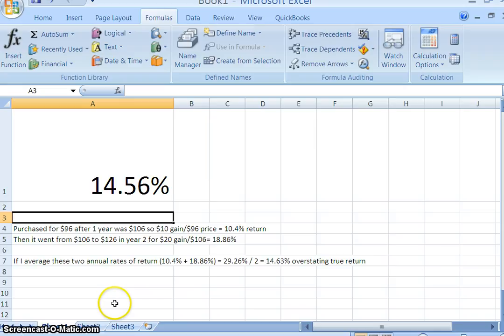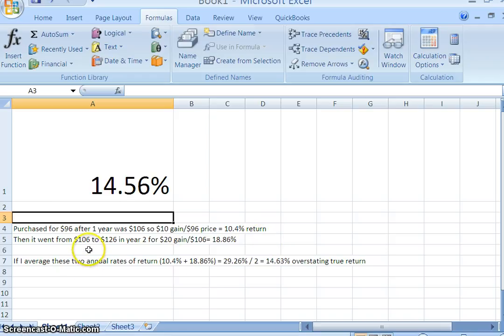If I calculate just an average return and not the true annualized rate of return, I would have purchased the stock for $96. After 1 year it went to $106, so I had a $10 gain divided by the $96 price, which would give me a 10.4% return.